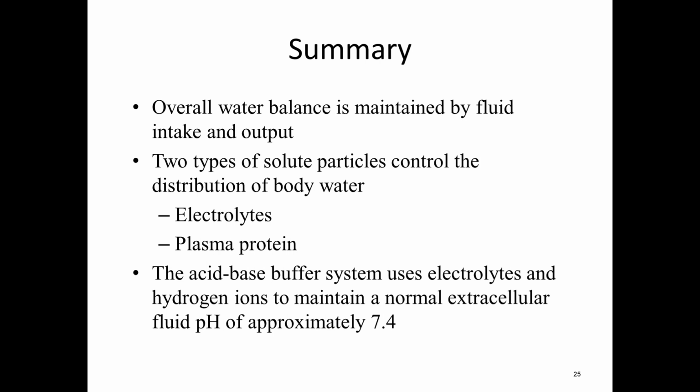The acid-base buffer system uses electrolytes and hydrogen ions to maintain a normal extracellular fluid pH of approximately 7.4, because the pH of our blood is 7.4. So we have to maintain the body fluid at 7.4. This is all about water, electrolyte and acid-base balance.